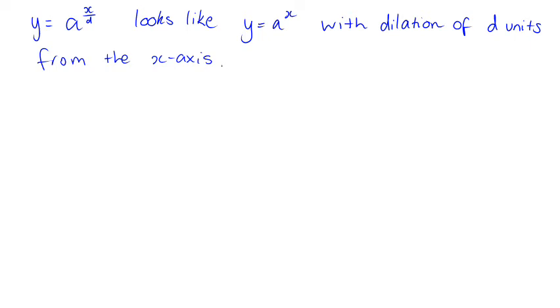So in other words, all of your x values are now going to be d times bigger. So it's going to move that way along. Everything's going to stretch out sideways.